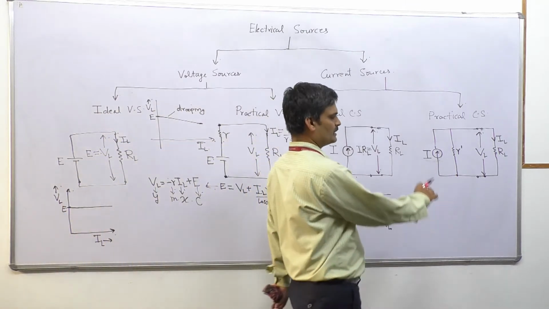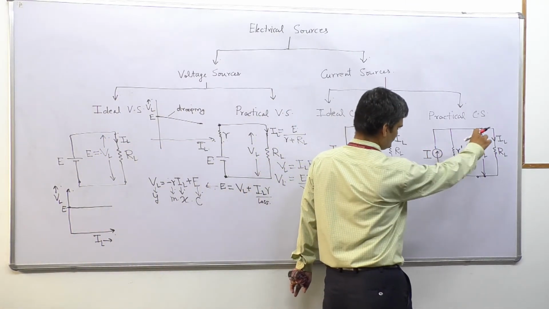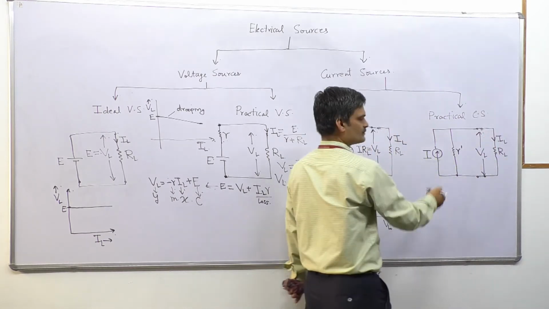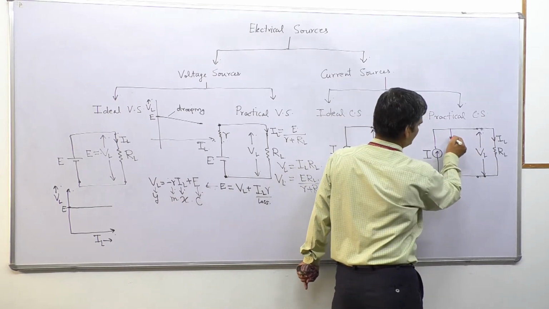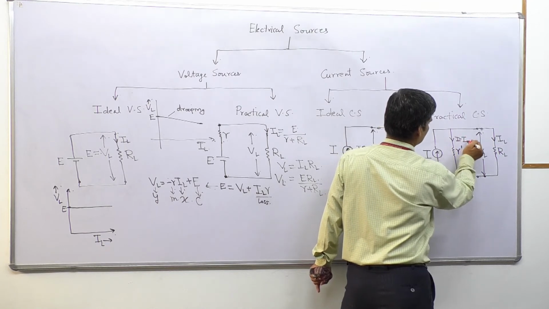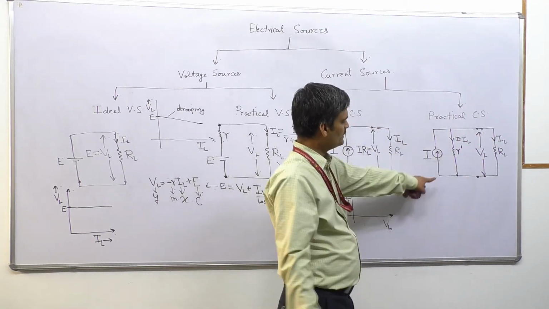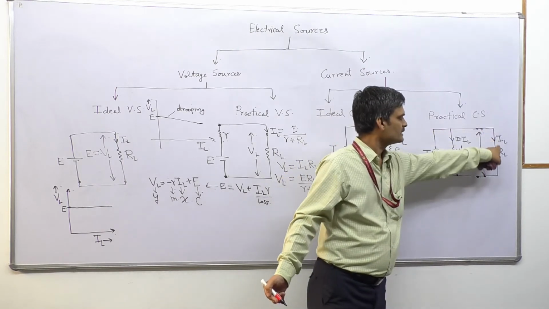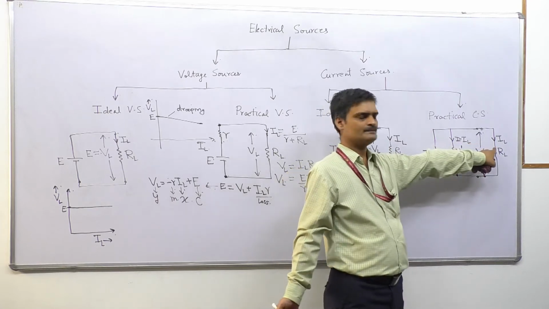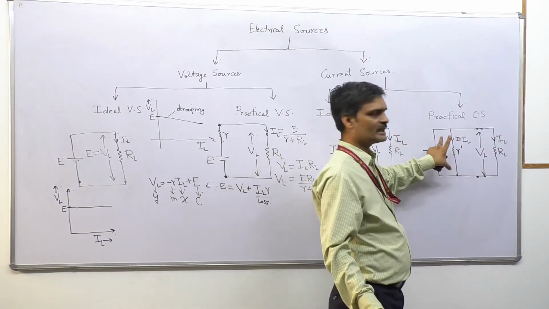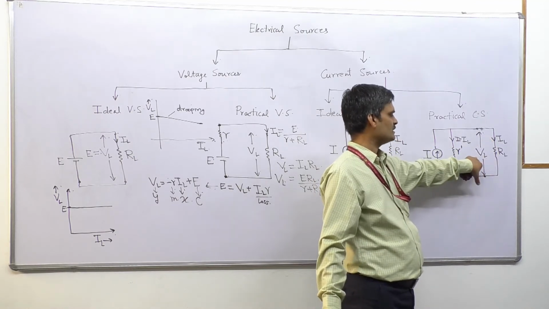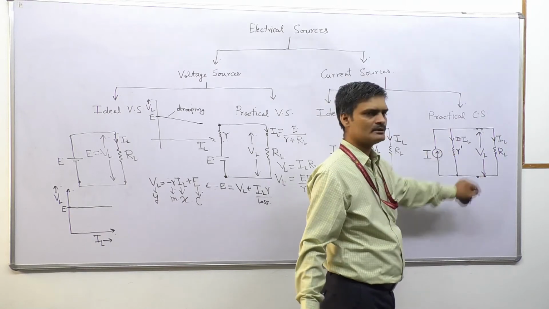So what is the value of current flowing in R dash? If out of I, the current in the load resistance is IL, then this current has the value of I minus IL. Since both the resistances are in parallel, the load voltage is the same across RL, its value is VL, and also across R dash, its value is VL.